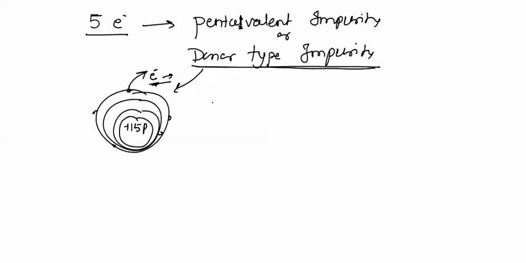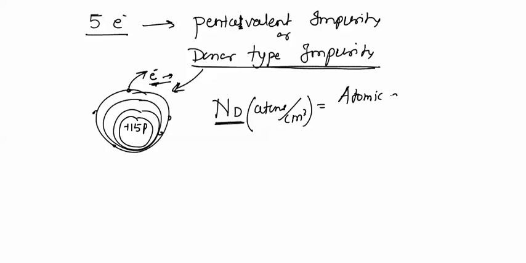The donor type impurity concentration, meaning the number of phosphorus atoms per unit volume, is represented by Nd, written in atoms per centimeter cube, and is equal to the atomic density of the semiconductor multiplied by the impurity ratio.